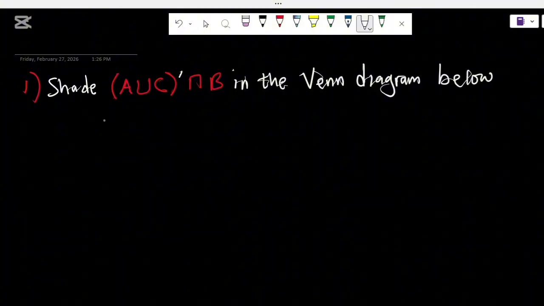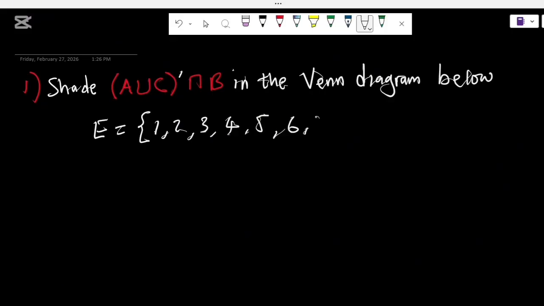So let's say we have the universal set, and this universal set has got elements. So let's say we have 1, 2, 3, 4, 5, 6, 7, 8, 9, 10.